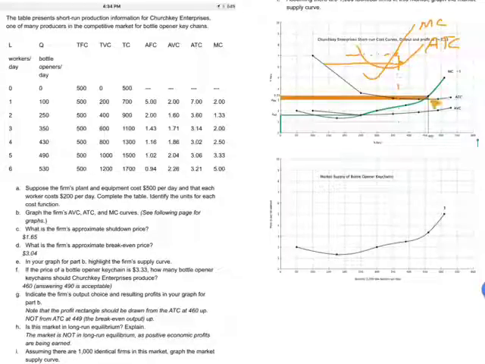We'll talk next week. In the long run, remember there's free entry and free exit. So if firms are making a positive profit in this sector, it means they're doing better than they could do in any other sector. It means they're doing better than firms in these other sectors are doing. So over time, the fact that firms are doing better in this industry is going to attract entry.